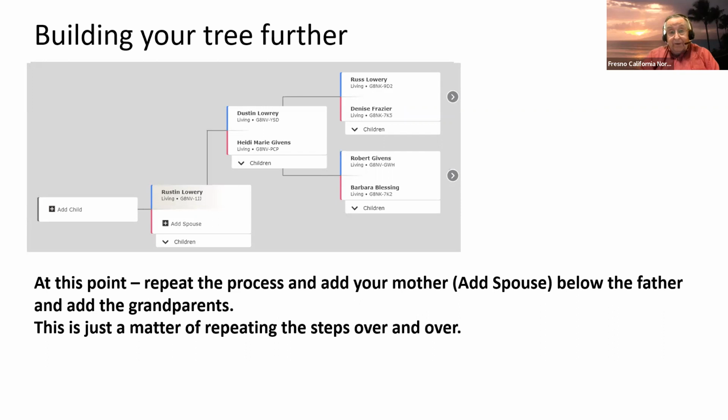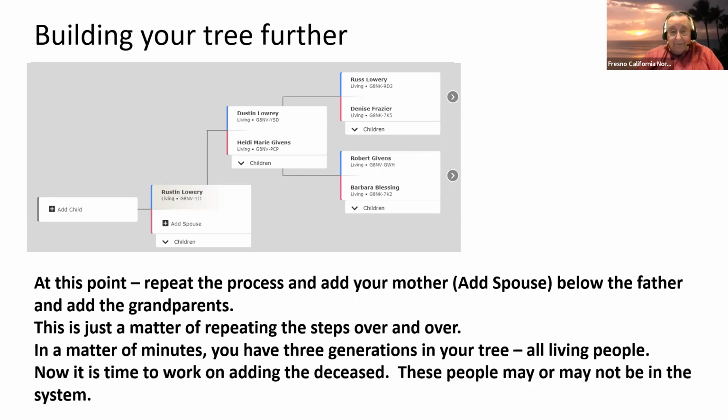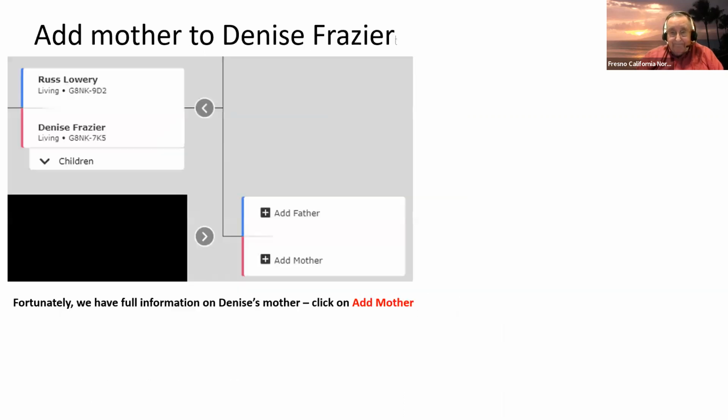And there's the living family tree with all seven of us showing. And it took only a couple of minutes to do this. Okay, now comes the fun part, linking in the dead, who may or may not be in tree. So we'll just go about this one step at a time.